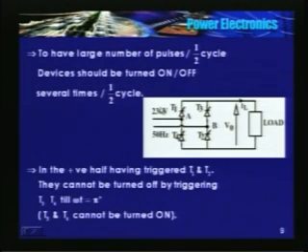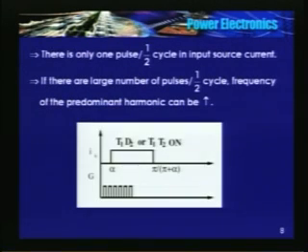So having triggered T1 in the positive half, you cannot trigger T3 to turn off T1. See, I told you, you need to have a large number of pulses here.